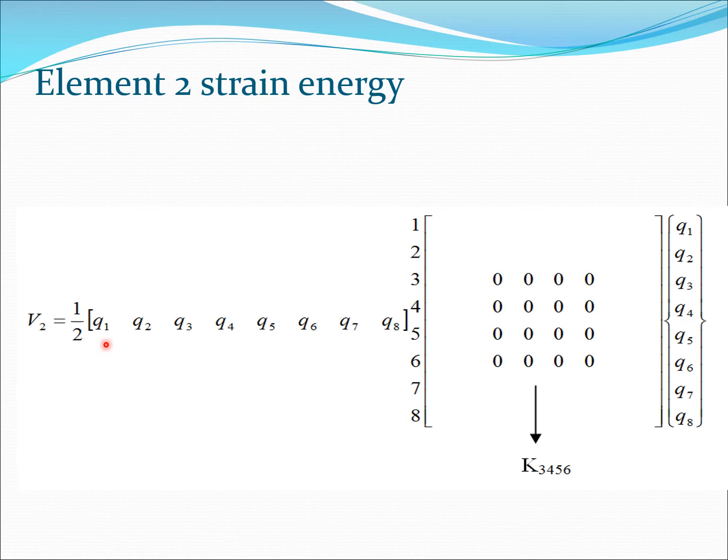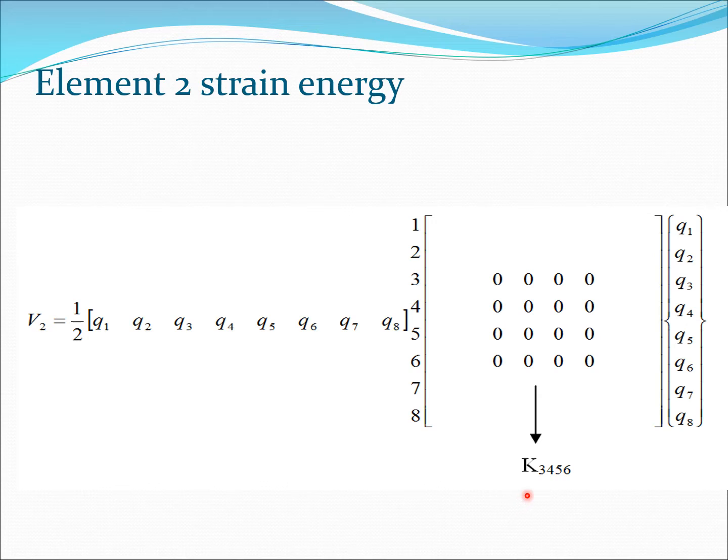Now we go to the next segment here. Now we saw that the next segment corresponds to 3, 4, 5, and 6. So the matrix comes here. I'm just using zeros as markers here. These are not actually zeros. I'm just saying that the terms of the K matrix come here corresponding to the degrees of freedom 3, 4, 5, and 6.